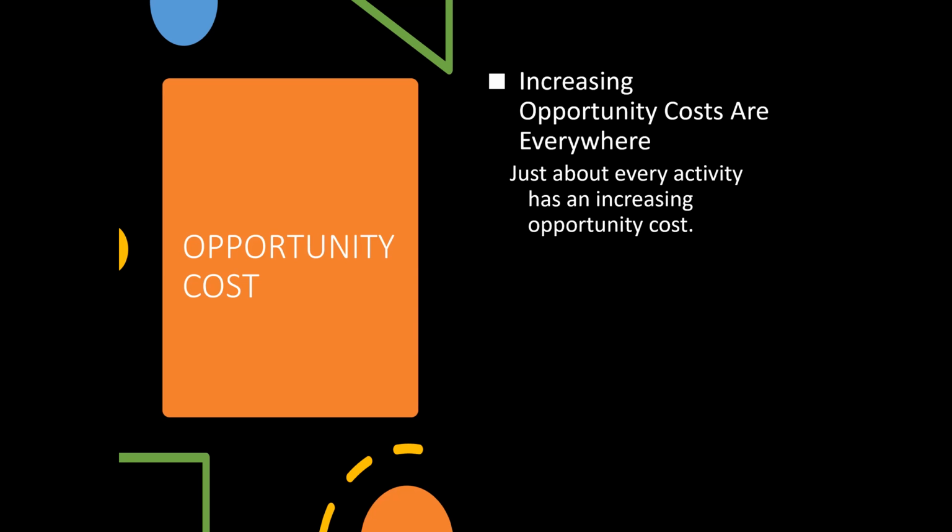There are a number of reasons. So this is your homework, for those who are listening: you should search the internet and libraries for why opportunity costs are increasing everywhere, why every activity has an increasing opportunity cost. So please search and write your findings in the comments.